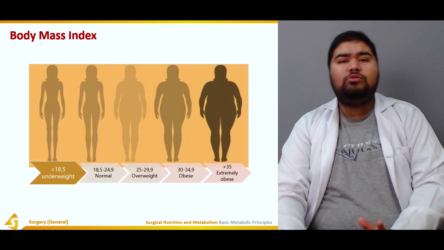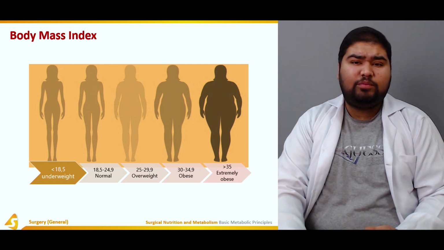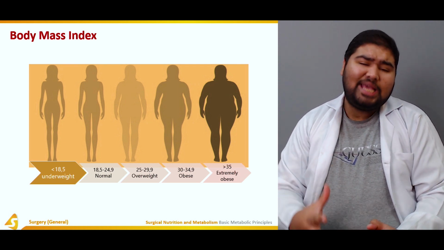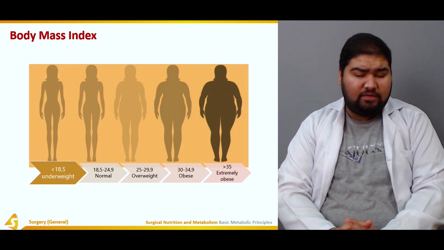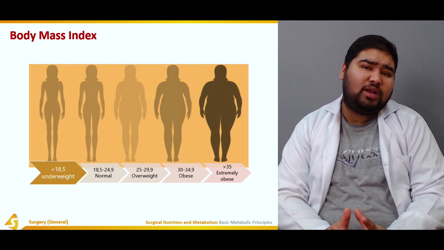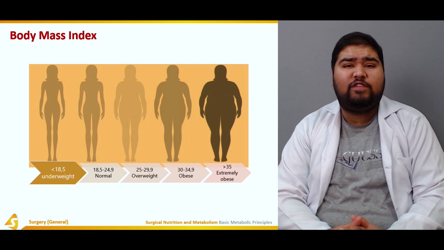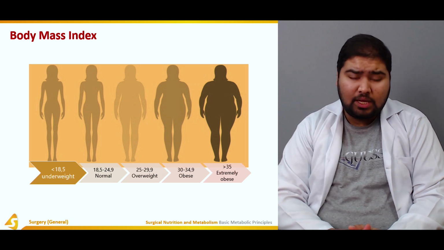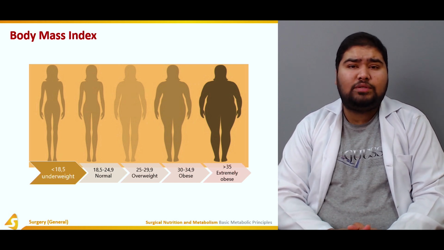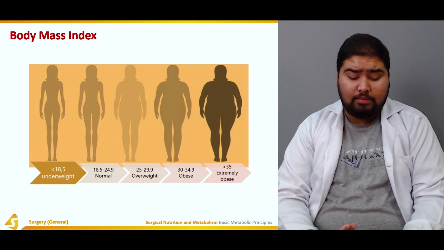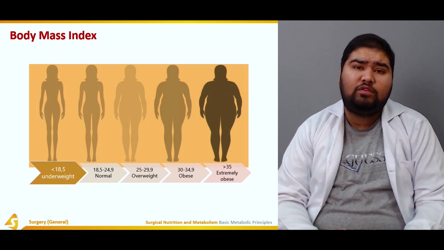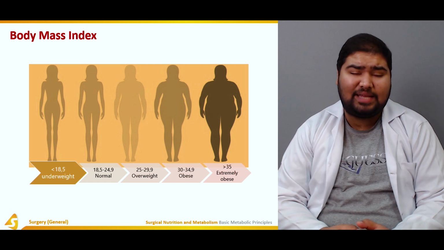Now, how to measure the fat mass of the body? There are various measures to measure the fat mass of the body, or in general the health of the body. There are various indices being used, but the most commonly used index to measure the nutritional status of the body is the body mass index.